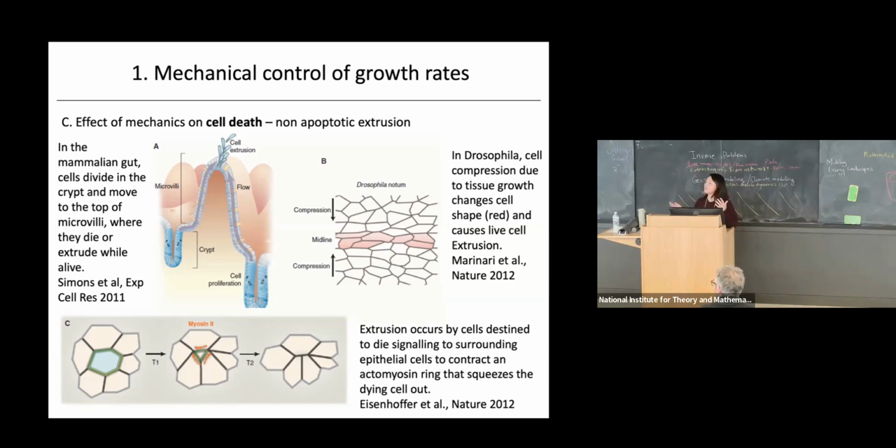So there are many parts of our bodies where cell death is a tightly controlled process. For example, in the gut, the cells are mechanically almost squeezed out. So just by feeling this environment and these physical factors, cells can be squeezed out to regulate total cell number and the shape of the organ, and so on and so forth.